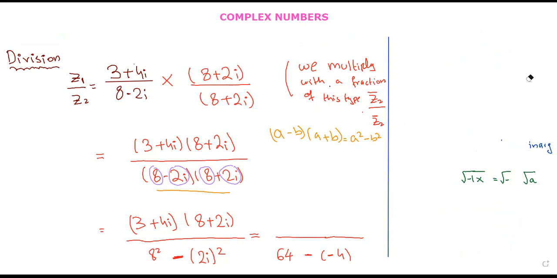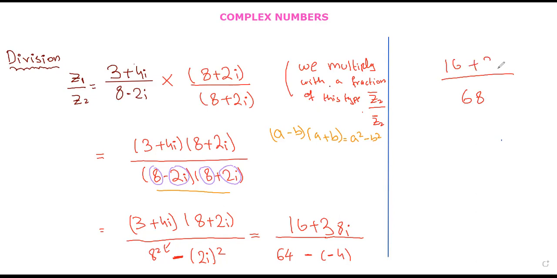Very good. So we have 8 square here, 8 square is 64, and then we do 64 minus 4. That would give us 68. And in the numerator, I'll have 16 plus 38i.